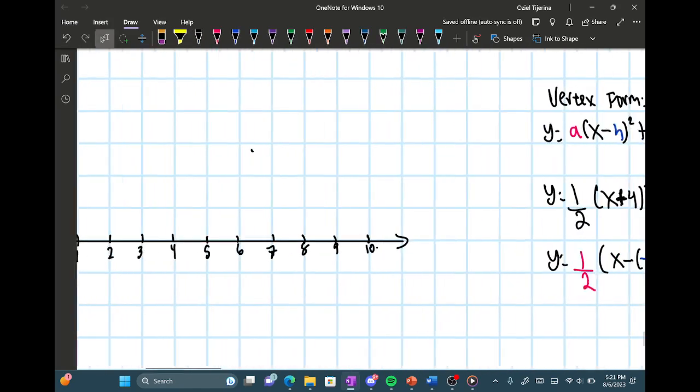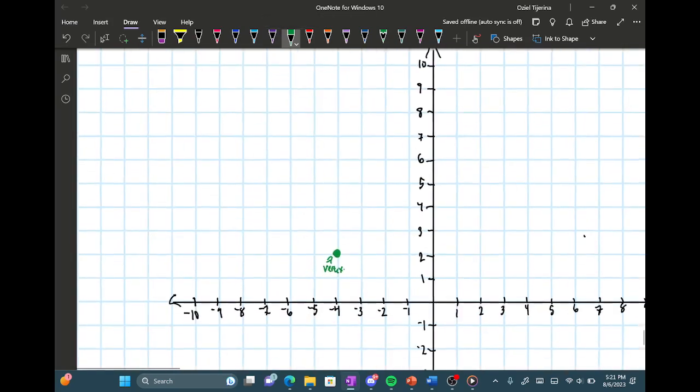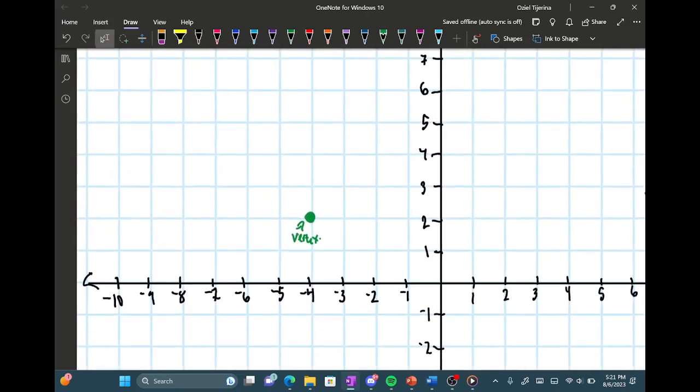So we're going to plot that into our graph here, in a different color. I have negative 4 comma 2 here, and that is considered my vertex. We want to make that very clear.